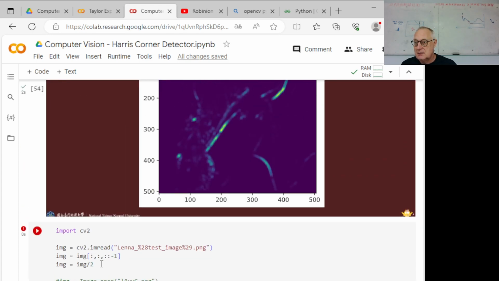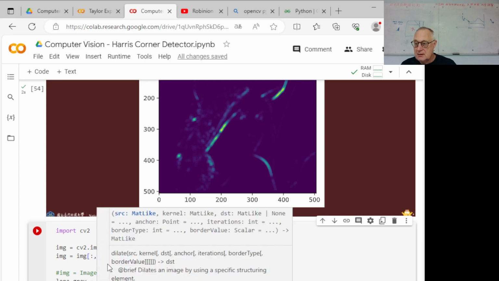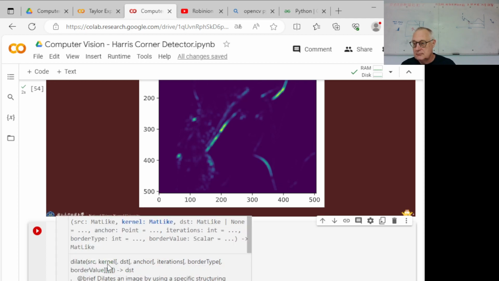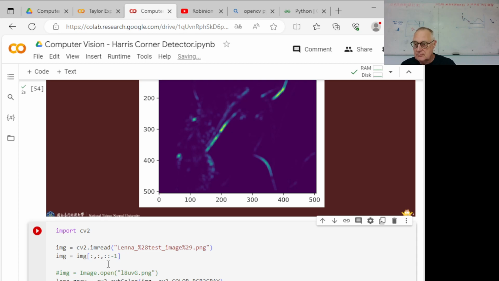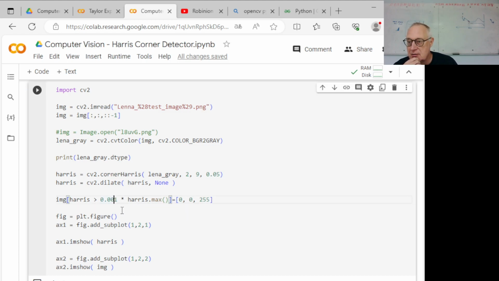Dilate. So here we get OpenCV Harris corner detectors with a value of 1%, so 1,000.